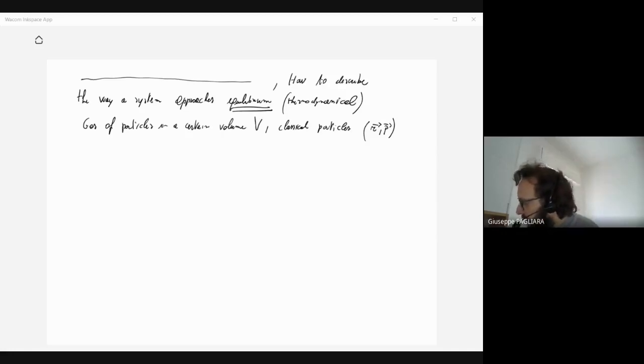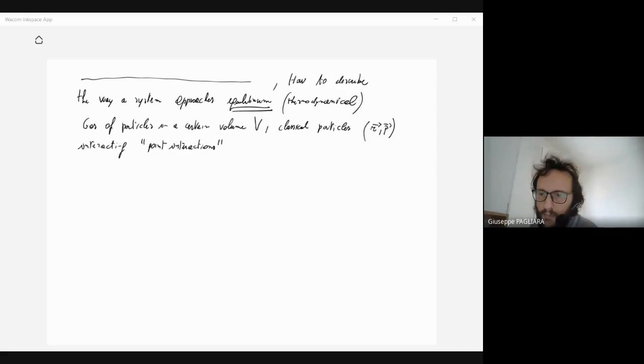I suppose that the particles are now interacting with point interactions, which means that two particles interact with each other when they are very close by, okay? So basically, if they are in the same position in space.